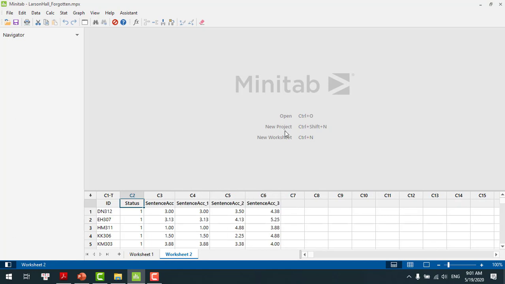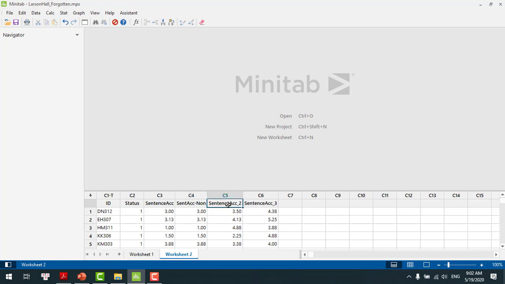Now remember that I recommend that we label the columns so that they're easy to read. So let's label number 1. Let's call it sentence accent, and this is going to be the non-group.